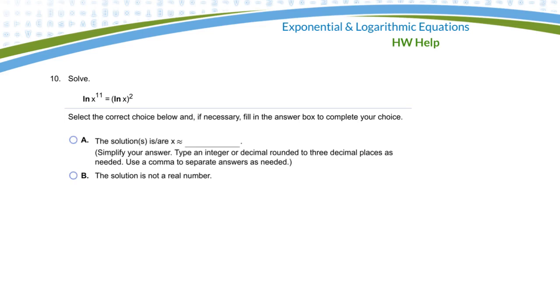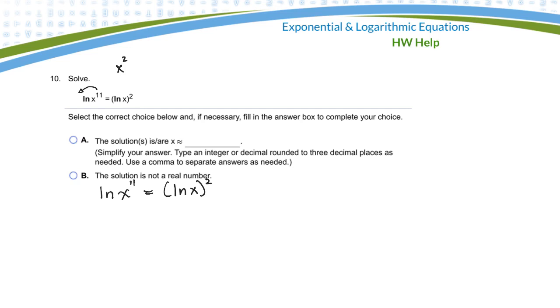this is different than a lot of questions. Maybe I could maybe treat this like an x squared. And this one, if I bring the 11 out, I can treat it like an 11x. Maybe let's try that. So I have ln of x to the 11 is equal to ln of x squared. Oh, I have an 11 there.